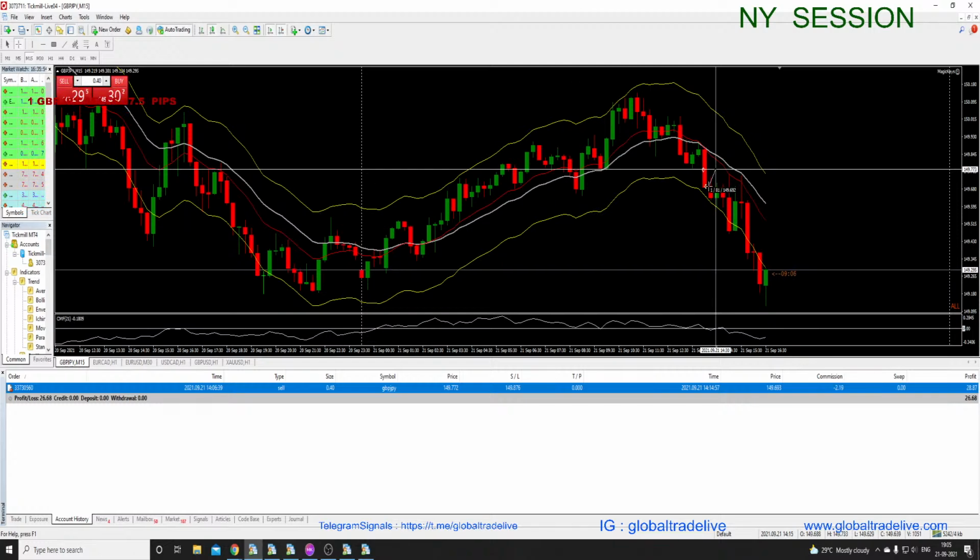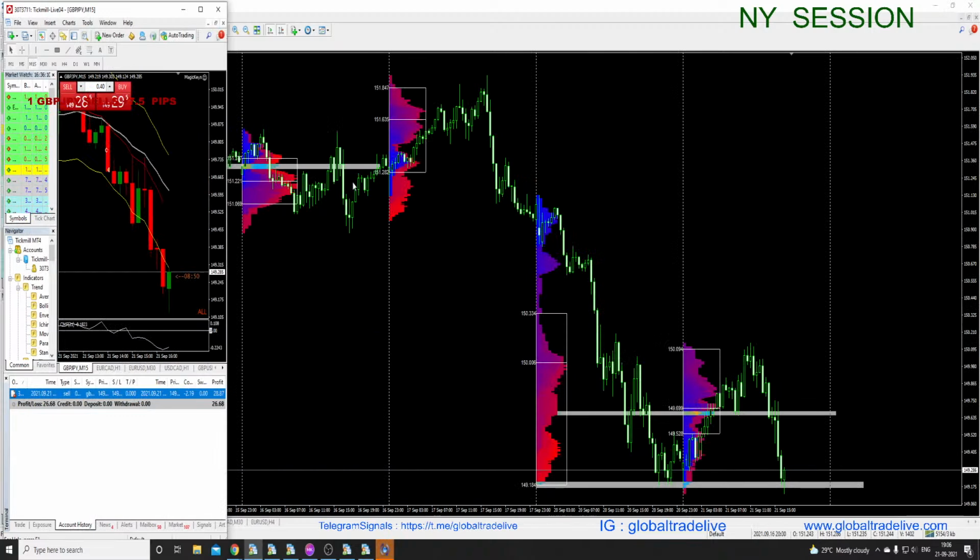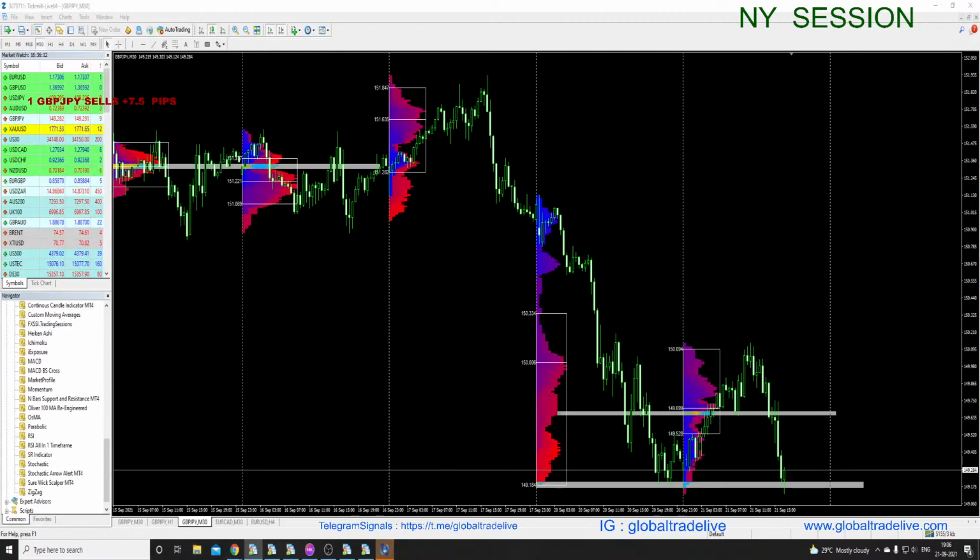I closed it at 8 pips. If there was no power failure, then I would have just held this trade for at least 10-11 pips or 15 pips maybe, and after that I would have just closed 90% and let the runner run. But unfortunately there was a power failure, so can't do anything.